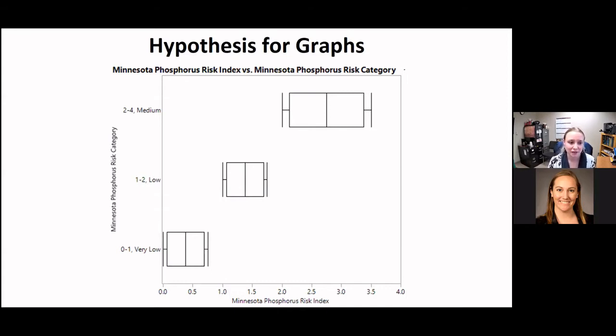So it should be higher than the very low, but lower than the medium. Medium ranges from 2 to 4, as you can see on the top, MNP risk indices. And so that should appear the highest when you're thinking about phosphorus loss risk, if it's deemed medium P loss risk as compared with the other categories. So it should kind of stair step visually between each increasing category.